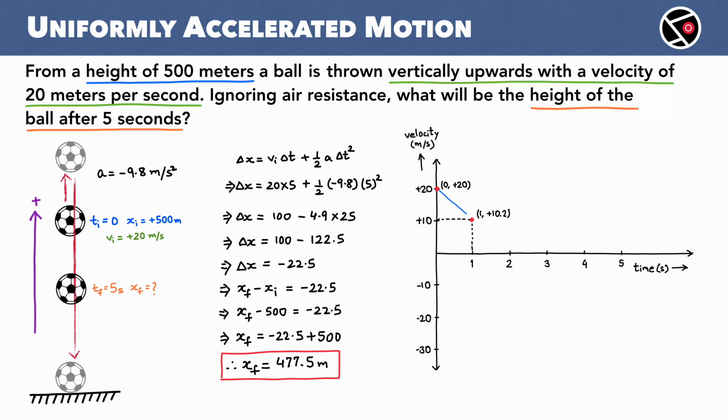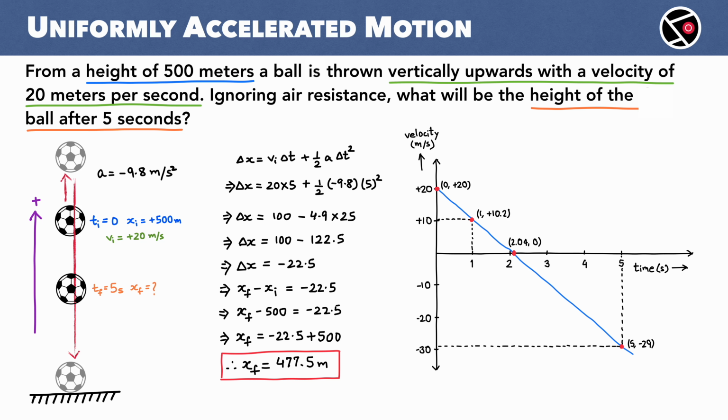Connecting these 2 points and extending further, we have the velocity time plot. On this plot, at time equal to 5 seconds, velocity is minus 29 meters per second. We can also see that the velocity is 0 at 2.04 seconds.